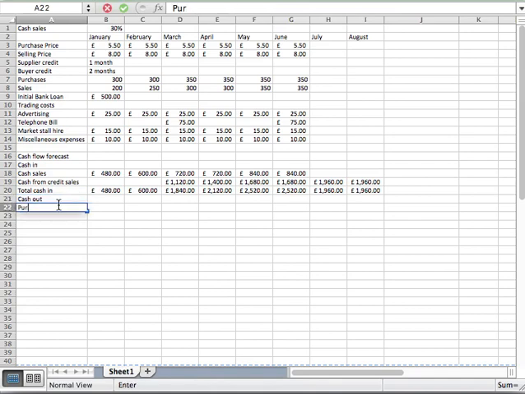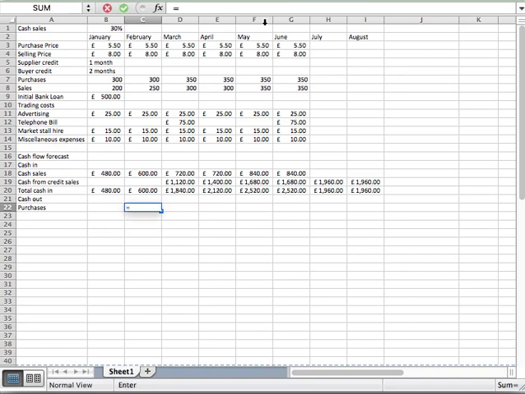And the first one we've got is purchases. Okay, so the purchases, because we're talking about cash in and cash out here, we pay for purchases 1 month after we receive them. So we pay for January's purchases in February.